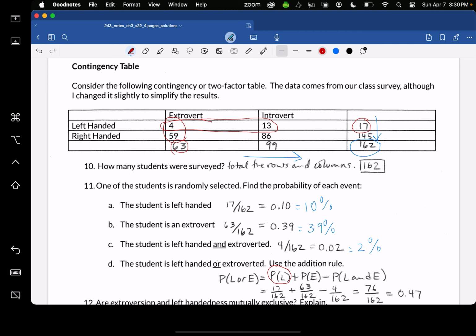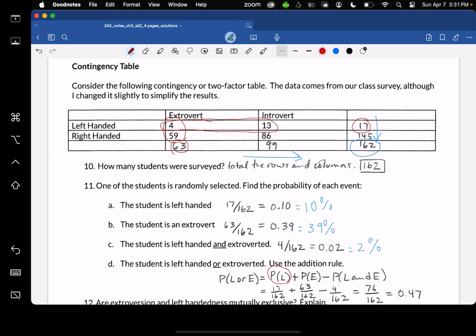If I add those two together, I'm actually counting the extroverted left-handed people twice. So then we subtract 4 out of 162, and we get 76 out of 162. So left-handed or extroverted ends up being about 47% of the class.